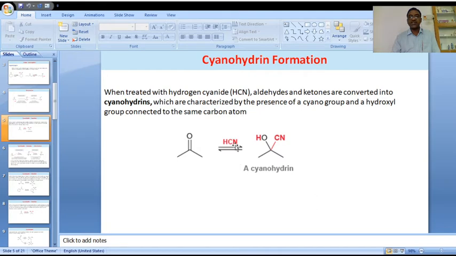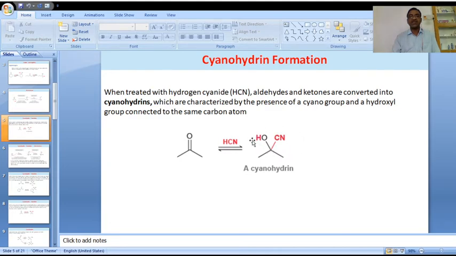That CN minus nucleophile attacks the carbonyl carbon, with cleavage of the pi bond. In that case, the oxygen atom gets a negative charge. That negatively charged oxygen abstracts hydrogen from hydrogen cyanide.